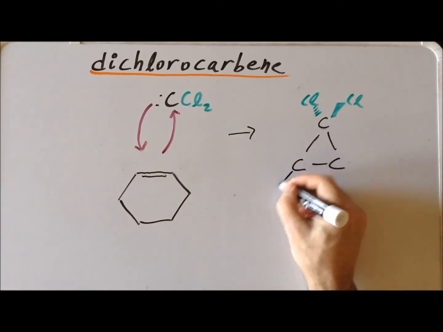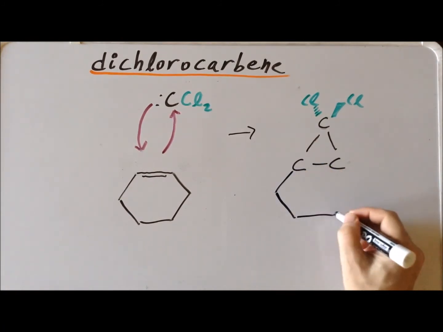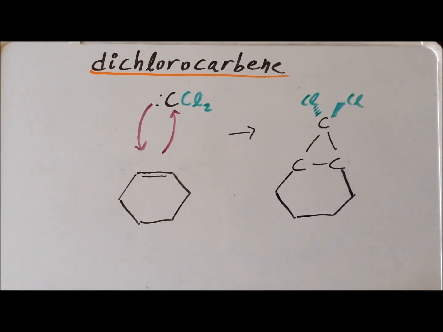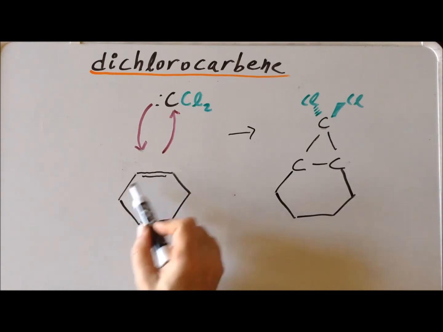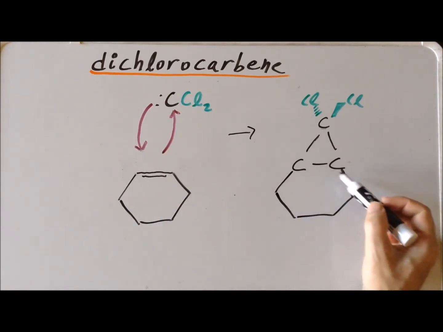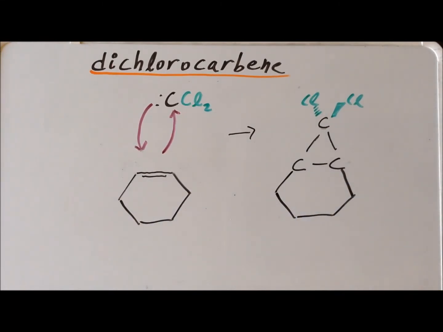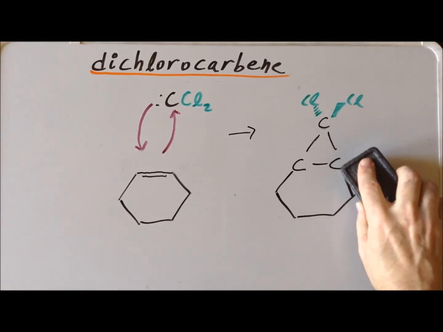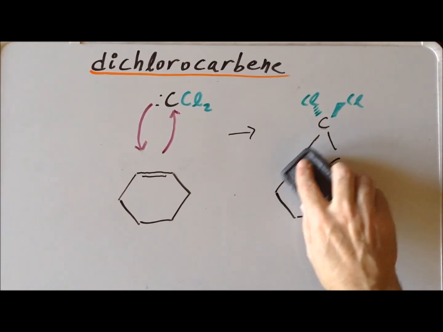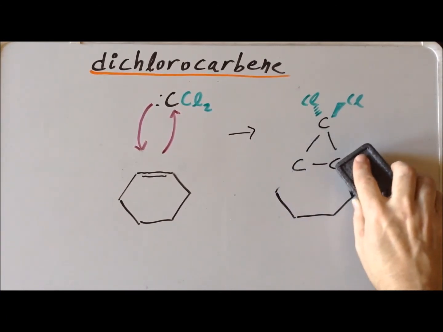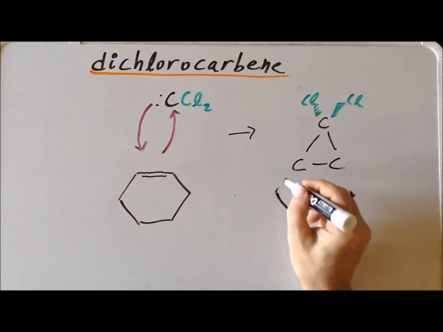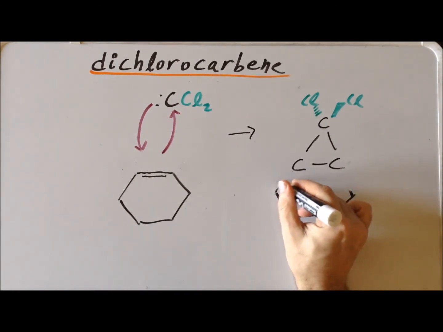So, continuing. Now, it's important to realize that, again, because these are cis to each other, these sides have to either be above or below the plane relative to the cyclopropane ring. So, let's draw them carefully here as both being above the plane. Put the carbon there.